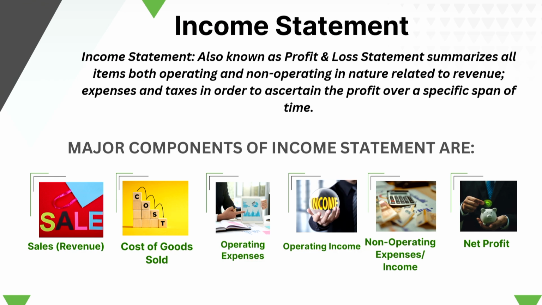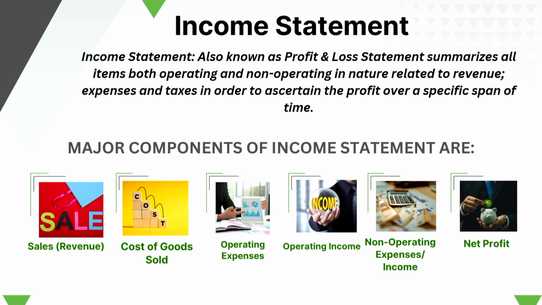In addition to that, we also consider taxes to ascertain the profit over a specific span of time. The major components of the income statement are sales, cost of goods sold, operating expenses, operating income, non-operating expenses, non-operating incomes, and the end result is the net profit.